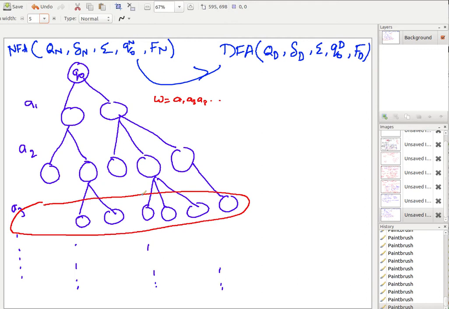On the DFA, once you have processed all the symbols, I have already recorded what all possible states the NFA might have been in. I can decide, because then I can just check at the last level which all states are there. If any of them is part of the final states of the NFA, it is a final accepting string. So I have to record this information.